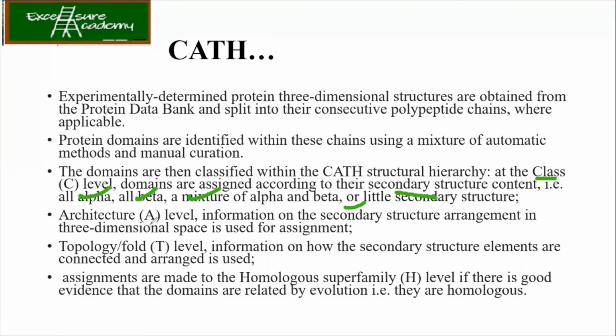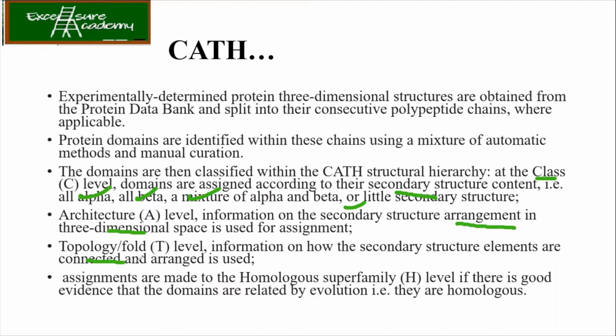Now, what about the architecture? Information is based on the secondary structure arrangement in 3D space. Topology is based on how the secondary structure elements are connected and arranged. Topology means the top view, the surface, the fold of the protein.